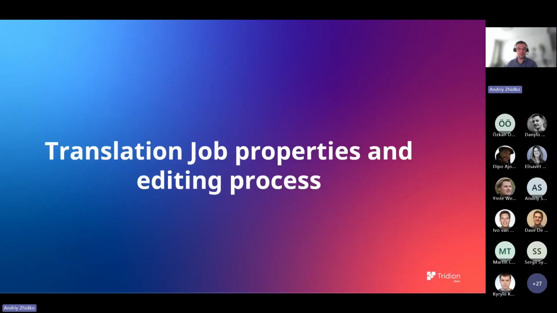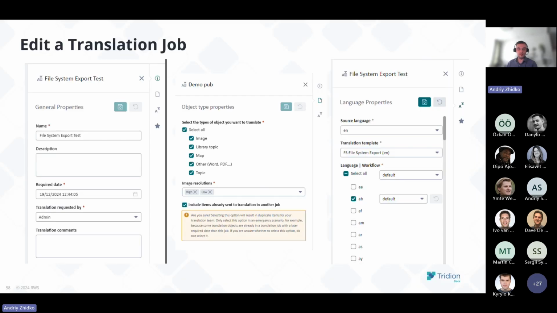Let's talk about the translation job properties and the editing process. So once you have created a translation job, you also have the possibility to edit it. And as I mentioned previously, you can edit the translation job only in definition state, but you can view a translation job not in definition state through the panels in the insights area.